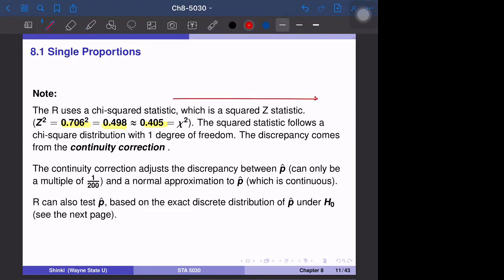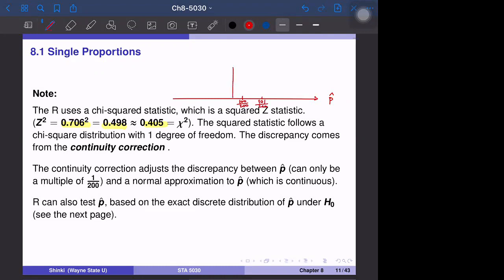Originally we have the sample proportion, or if we think about 200 times the sample proportion, this ranges from 0 to 1, but the increment is 1 over 200. So possible values, for example, 100 over 200 is possible, but the next possible value is 101 over 200.